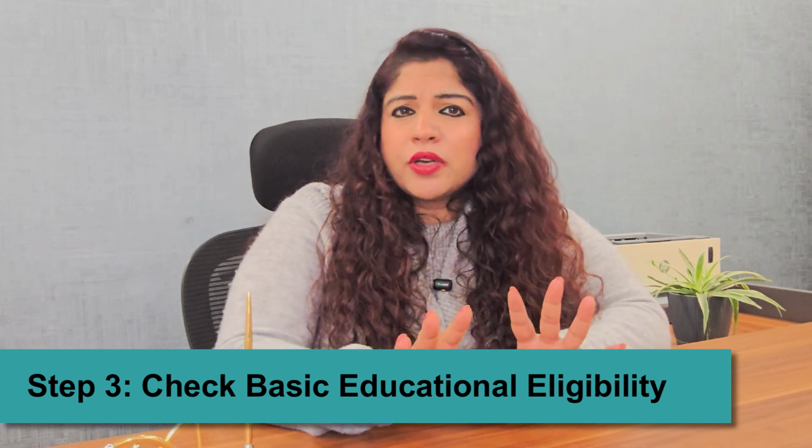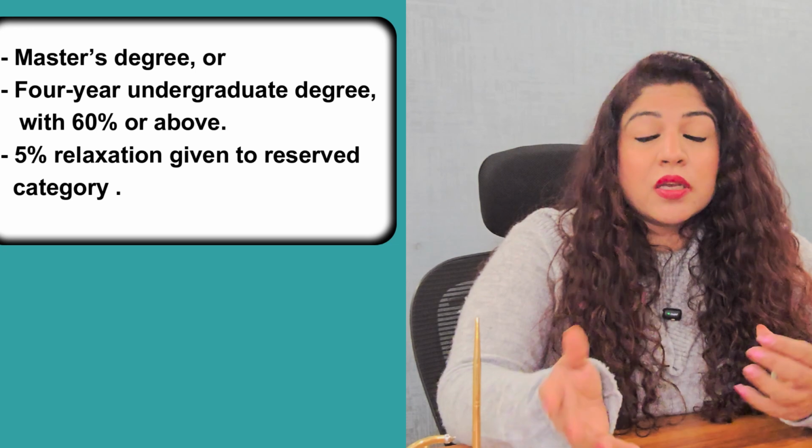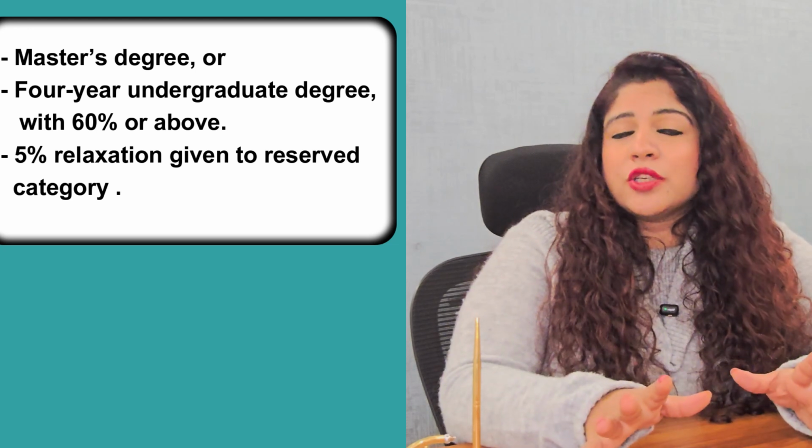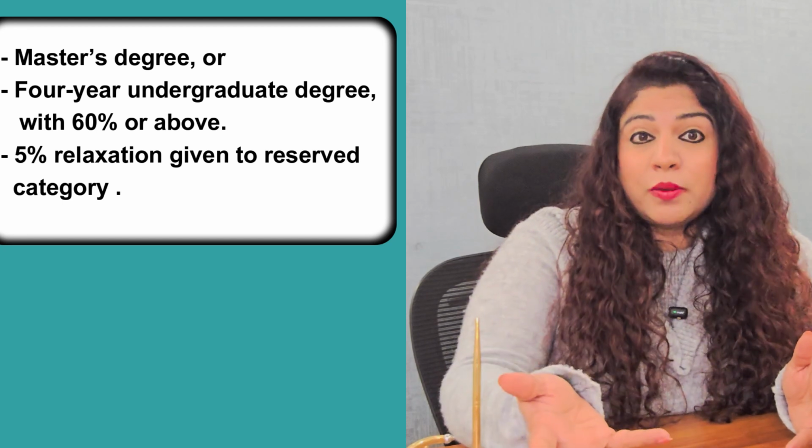So this is a very critical step because you will verify your qualifications and see whether you are eligible to apply or not. Broadly speaking, most IITs will ask you to have a master's or a 4-year graduation degree with at least 60% marks. Of course, 5% relaxation is given to reserved categories, but there are IITs which also require 70% and above.